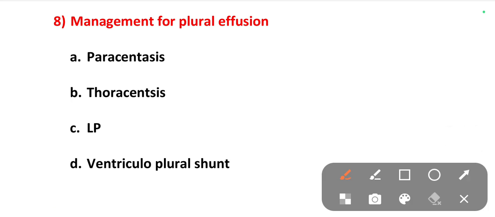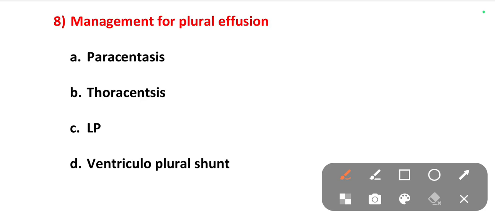The next one is management for pleural effusion. So what is pleural effusion? Pleural effusion is nothing but accumulation of fluid in the pleural cavity. So the pleural cavity is nothing but the layers which cover the lungs. Okay, that is called pleural cavity. So when the accumulation of fluid is excessive, more than normal, it is called pleural effusion.